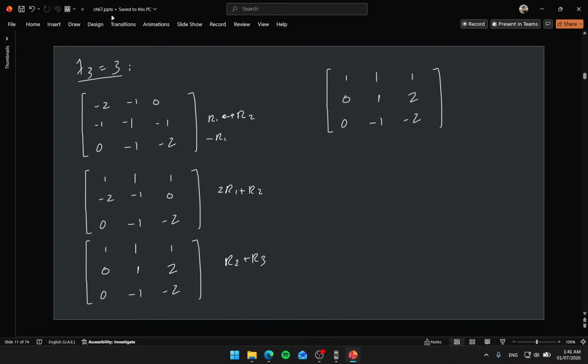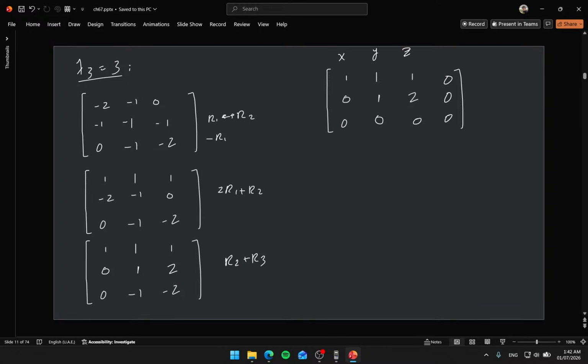I see a row of zeros. That's 0, 0. Yeah, that's it. You can't do anything else. Now you can add the column of zeros. So that's 0, 0, 0.